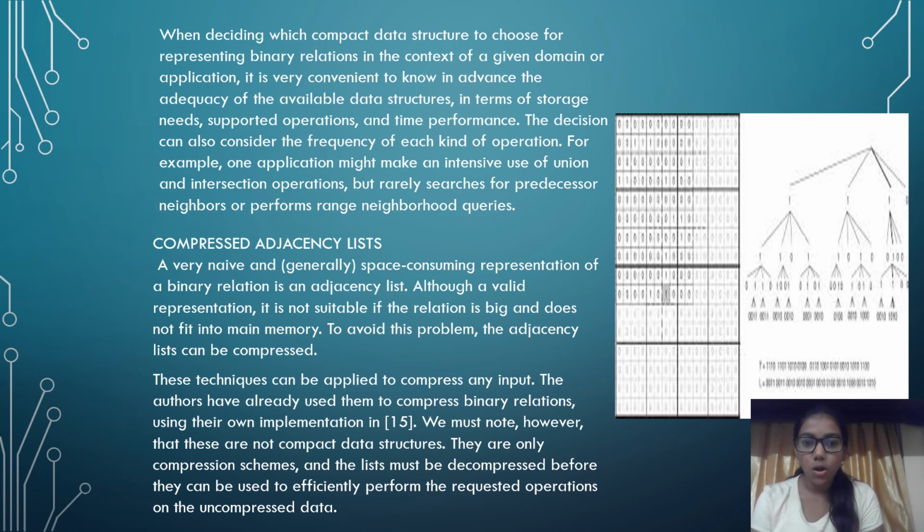The authors have already used them to compress binary relations using their own implementations. We must note, however, that these are not compact data structures. They are only compression schemes, and the list must be decompressed before it can be used to effectively perform the requested operation on the uncompressed data.